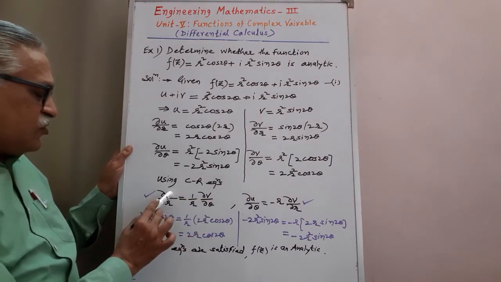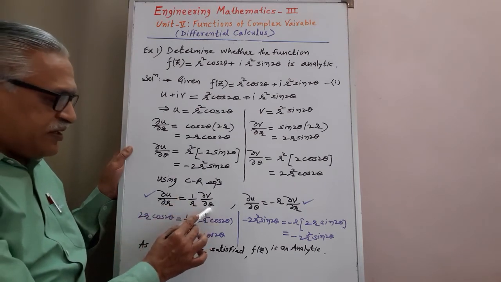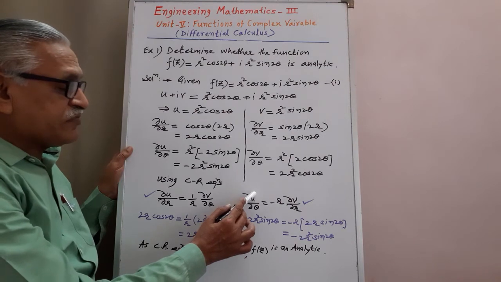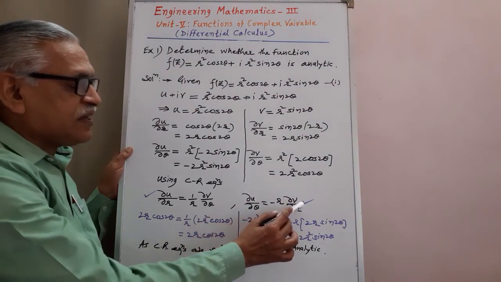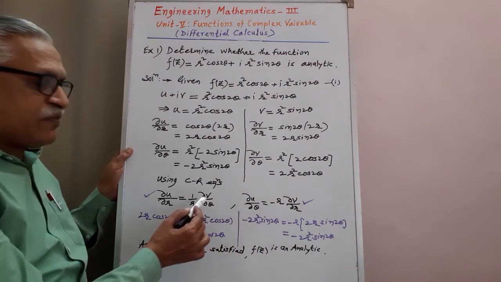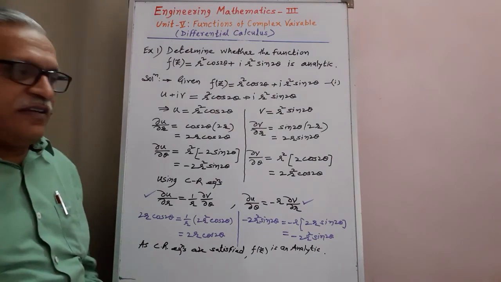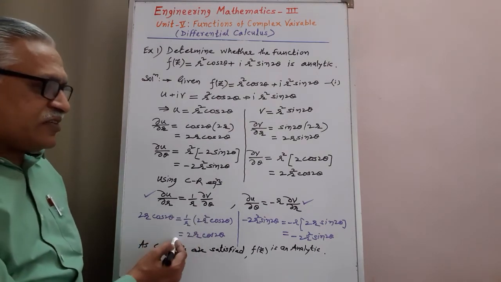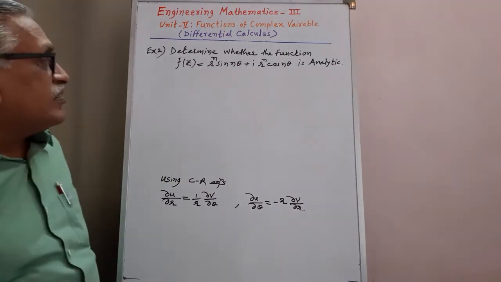Equation number 1 is dou u by dou r is equals to 1 by r dou v by dou theta, and second equation is dou u by dou theta is equals to minus r dou v by dou r. If these two equations are satisfied, then that function is said to be analytic. Here, as the equations are satisfied, the given function is an analytic function.